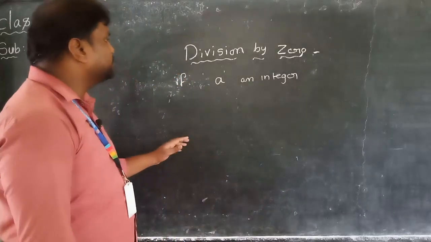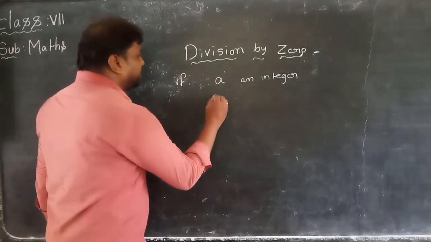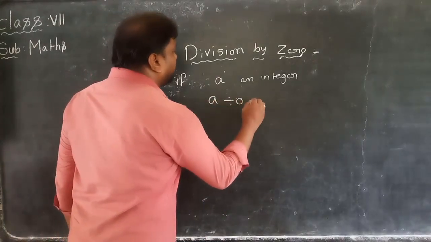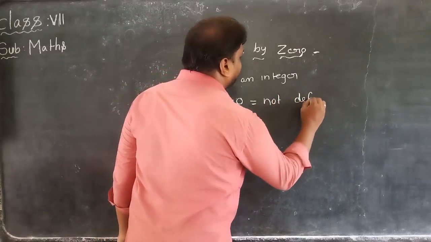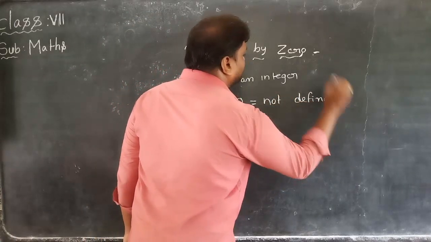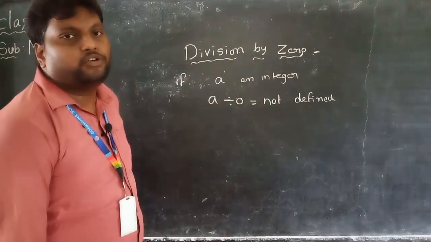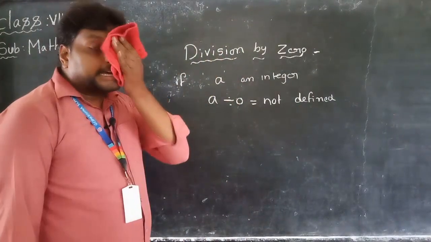Like that, for integers also, if a is an integer, a divided by 0 is not defined. We can't say the answer.